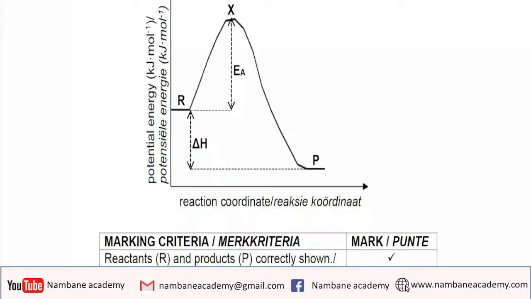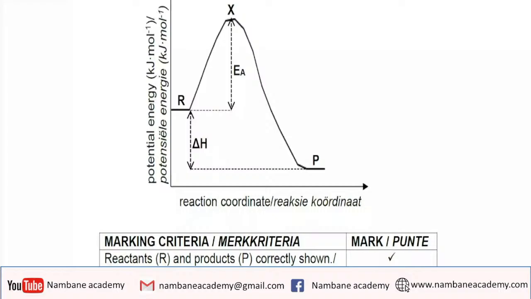And then the second mark will go to the activation energy for the forward reaction. Remember, learners can choose any position as long as that activation energy starts at the energy of the reactants up to the activated complex. So they can put it in the middle, on the left or right side, it matters not. For as long as the distance is correct, they will get the second mark.